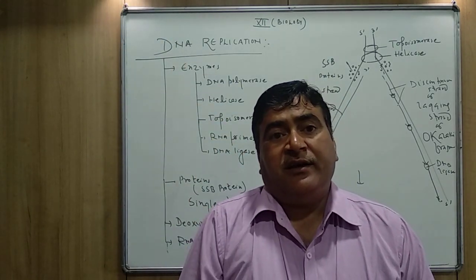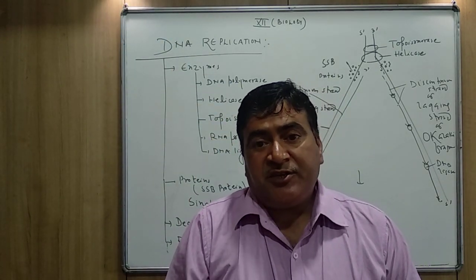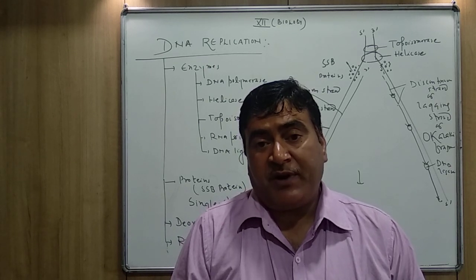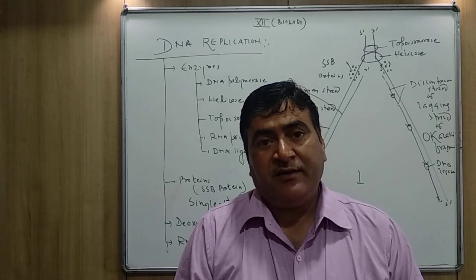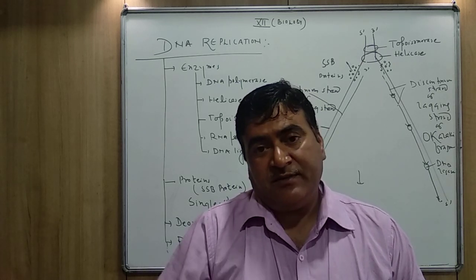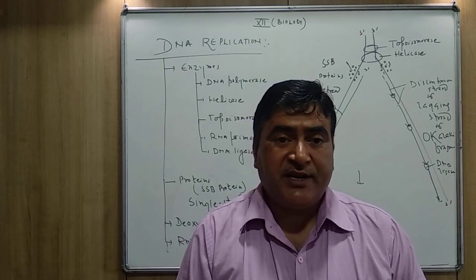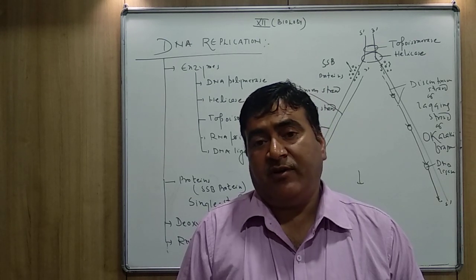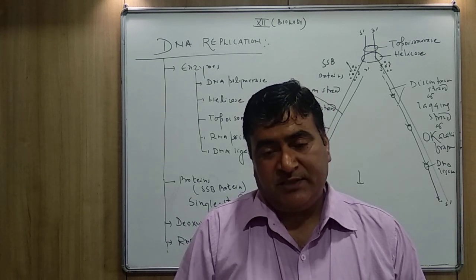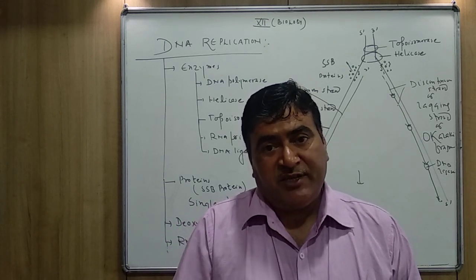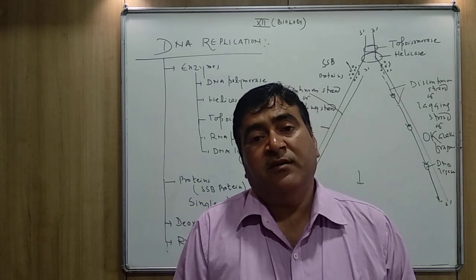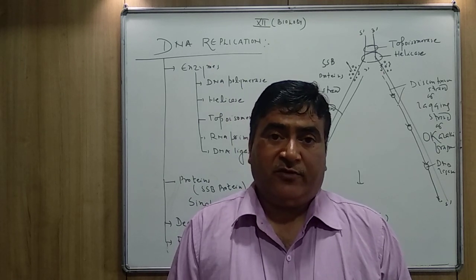That's why RNA primer is required, and that RNA primer initiates the process of DNA replication. Once the process is started in the presence of DNA polymerase and some nucleotides are added, the RNA primer is also replaced by deoxyribonucleotides.